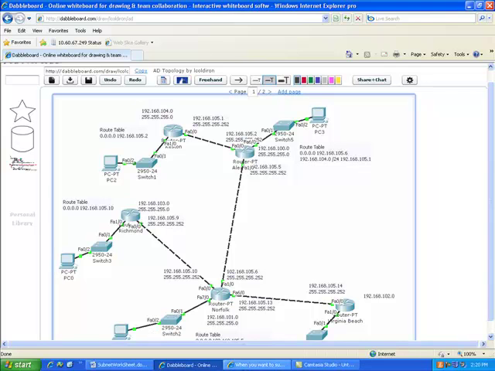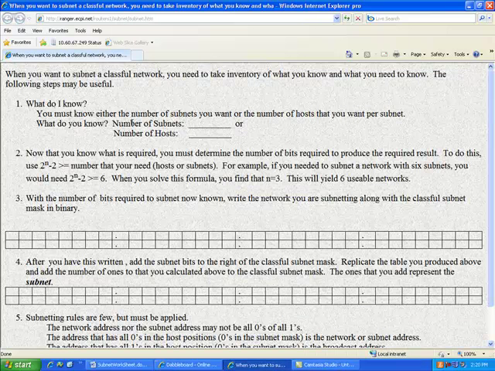I have a little check sheet that you might want to use on the Moodle board, for when you want to subnet a classful network, and that's the reason that we needed to learn the classes of the networks, because we start out with a classful network and modify the subnet mask from the classful network.